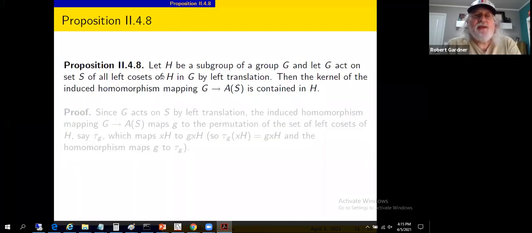Proposition 2.4.8 states: let H be a subgroup of group G, and let G act on the set S of all left cosets of H in G by left translation.